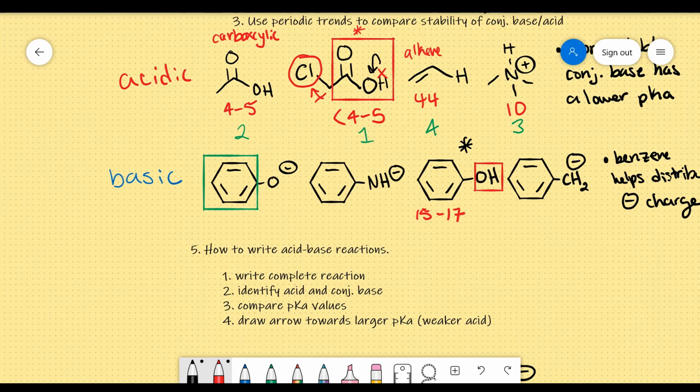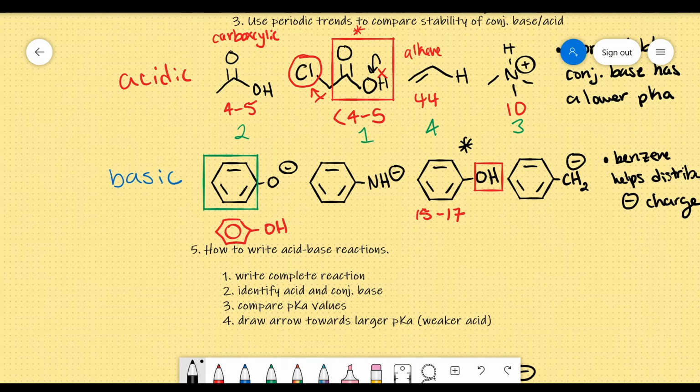Okay, so now, remember, we're dealing with bases, so we're going to go through and imagine all the conjugate acids by adding a hydrogen. Okay, so let's start with the first guy on the left, and imagine if we added the hydrogen. Well, we'd get something that looks like this, OH. Well, we just saw that this guy is really stable and has a pKa of 15 to 17. So, if we have a stable conjugate acid, that means the original base is strong.